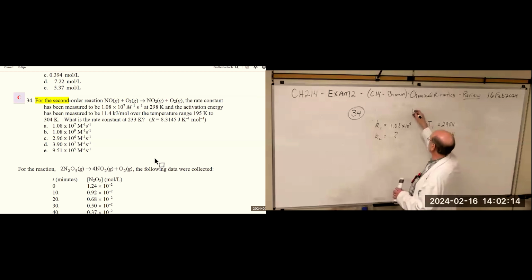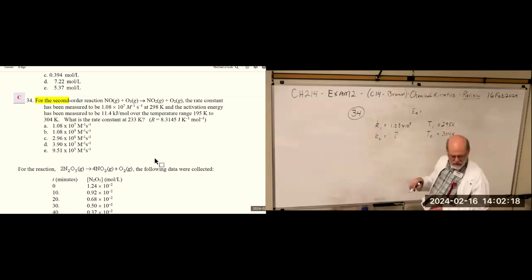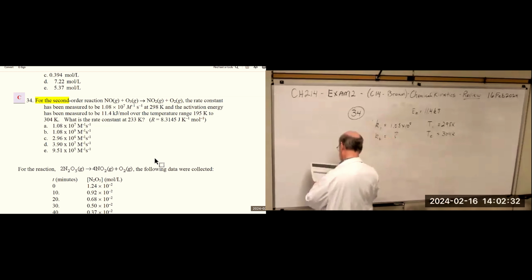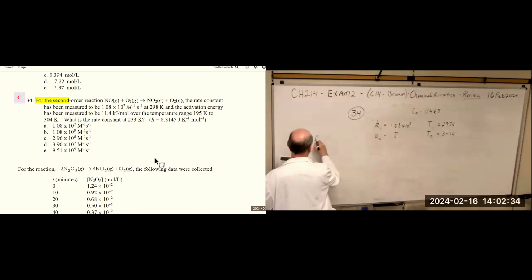We're also given the activation energy, which is 11.4 kilojoules. And the equation that we're going to use is this modified Arrhenius.